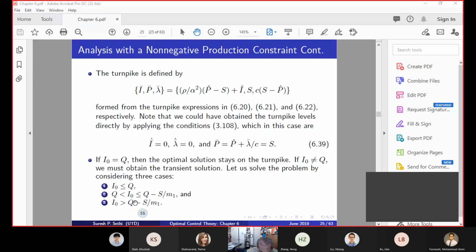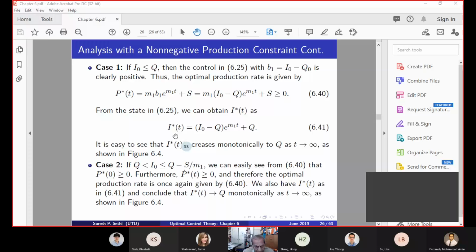So only when I0 is bigger than Q minus S by M1, I will run into a condition where I must have the initial production be 0. That means the constraint will be active. Let's now go to the picture and see what is going on here. Case 1.